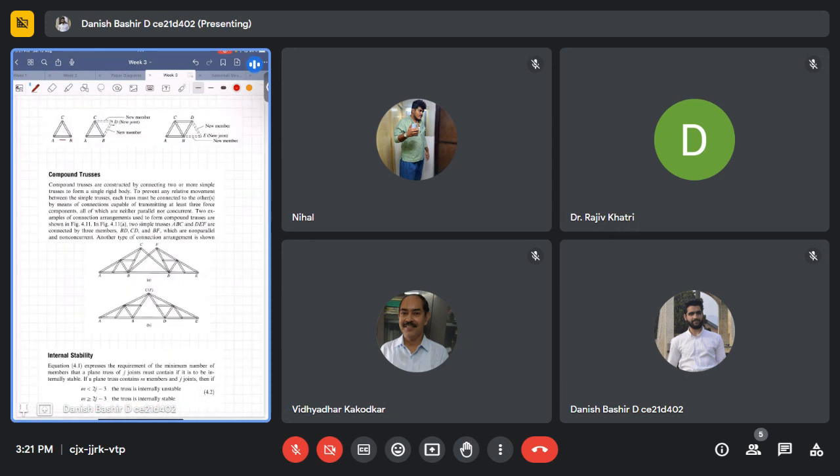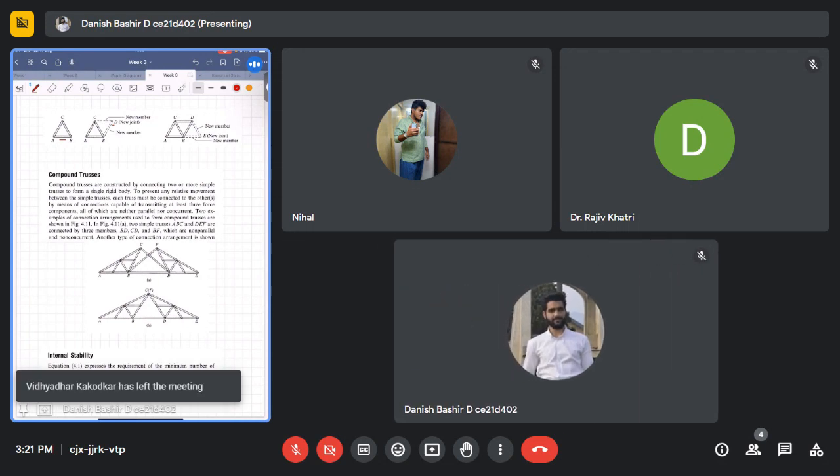A compound truss is another type of truss structure. So, what is the definition of a compound truss? Compound trusses are constructed by connecting two or more simple trusses to form a single rigid body. To prevent any relative movements between the simple trusses, each truss must be connected to the others by means of connections capable of transmitting at least three force components, all of which are neither parallel nor concurrent.